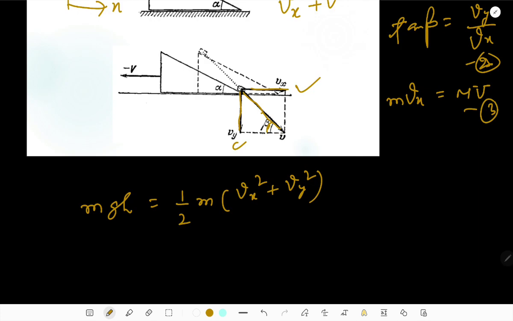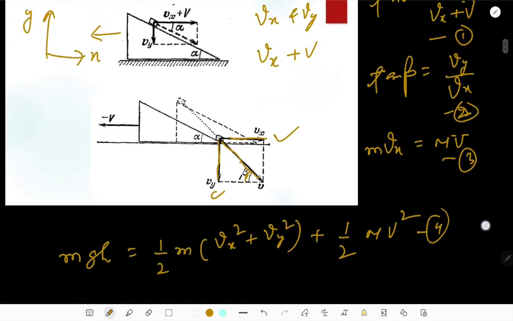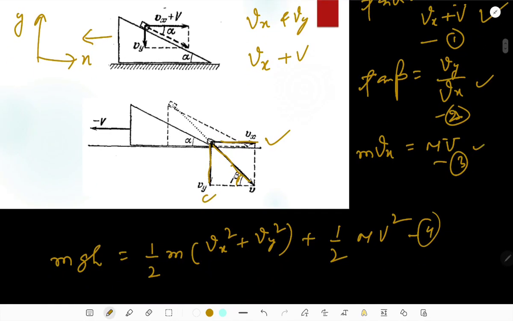This is the kinetic energy of the block, and you will need to write down the kinetic energy of the wedge as well. So these four equations, two kinematic equations, one momentum conservation equation in the horizontal direction, and one mechanical energy conservation equation, and you can find anything you want. This is the procedure to solve this kind of problem.